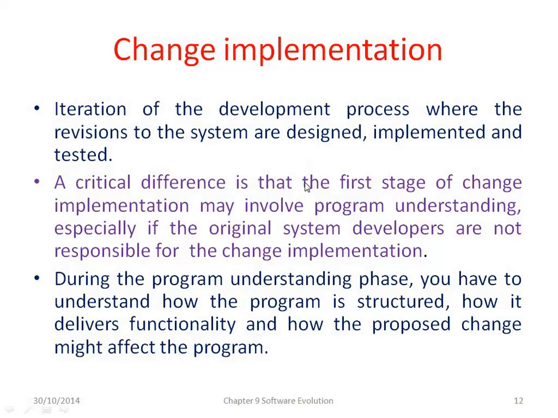A critical difference is that the first stage of change implementation may involve program understanding, especially if the original system developers are not responsible for the change implementation. During the program understanding phase, you have to understand how the program is structured, how it delivers functionality, and how the proposed change might affect the program. This is important during the understanding phase.